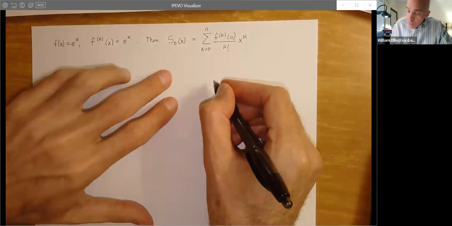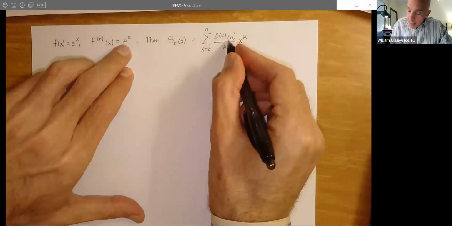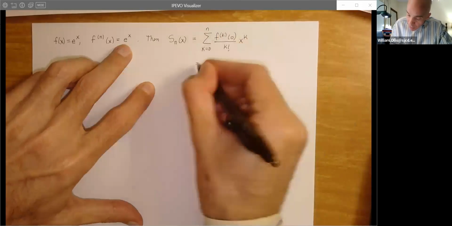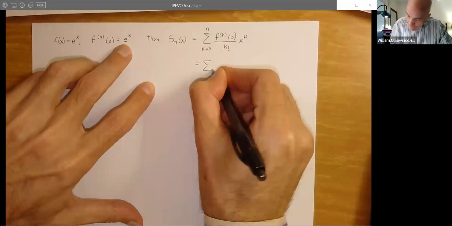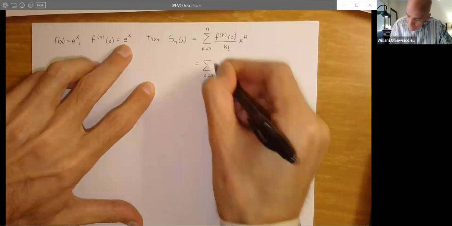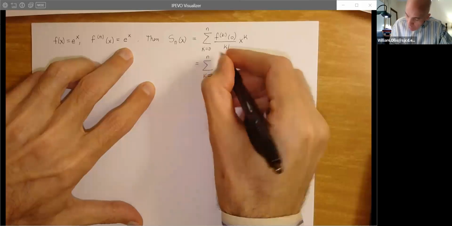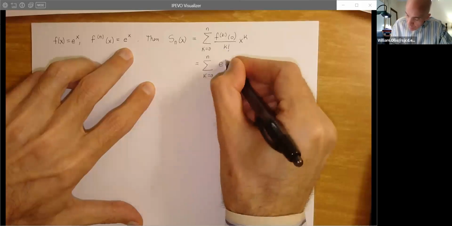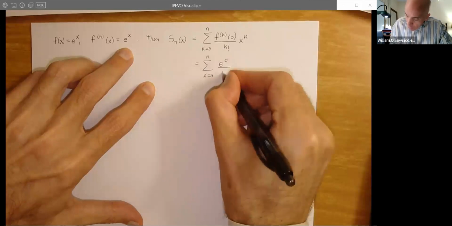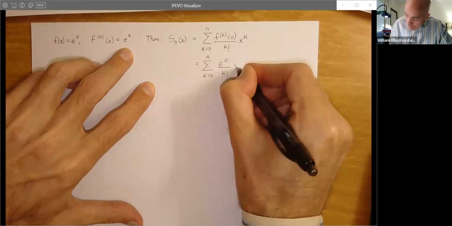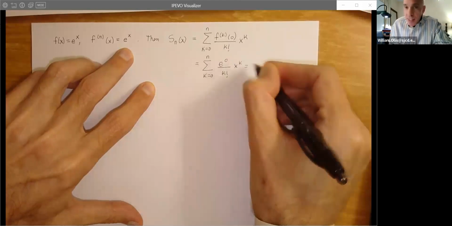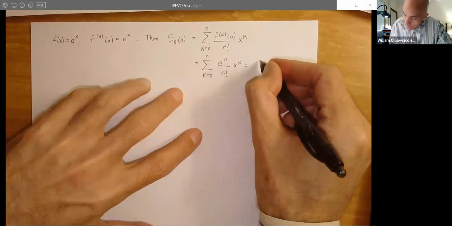Now, of course, if we look here, this is just always e to the 0. So what would this give us? We had e to the 0 over k factorial, x to the k. And of course, e to the 0 by definition is 1.